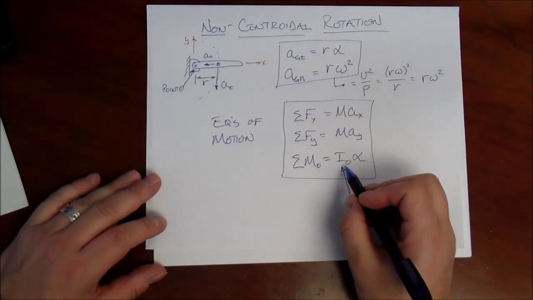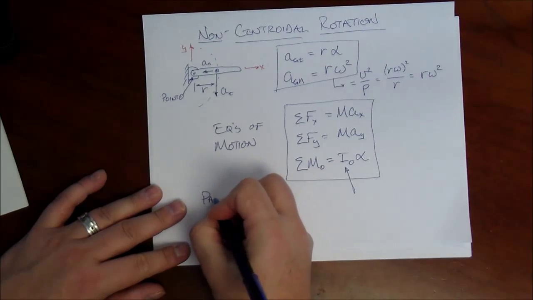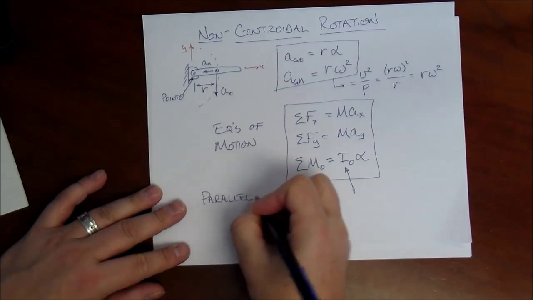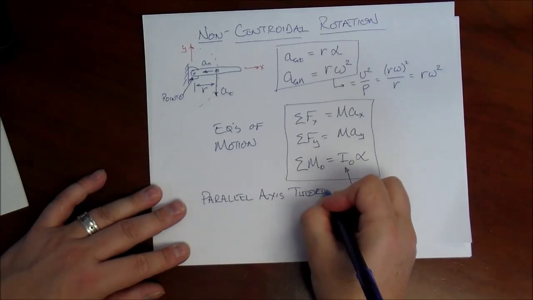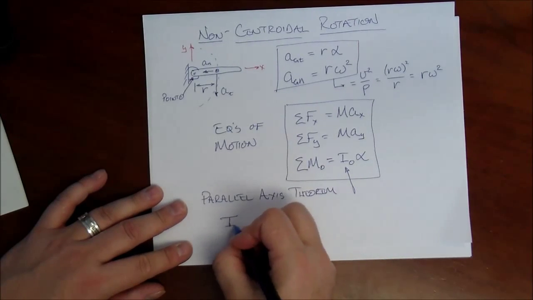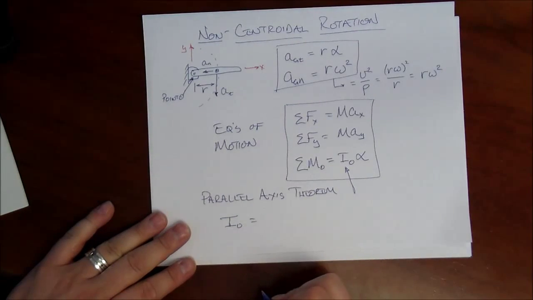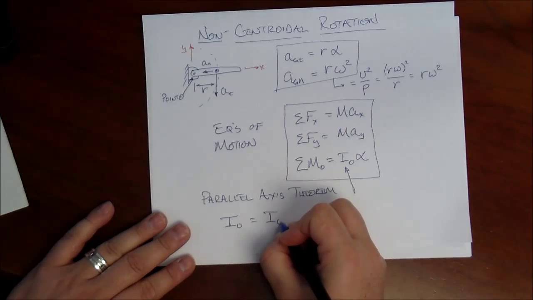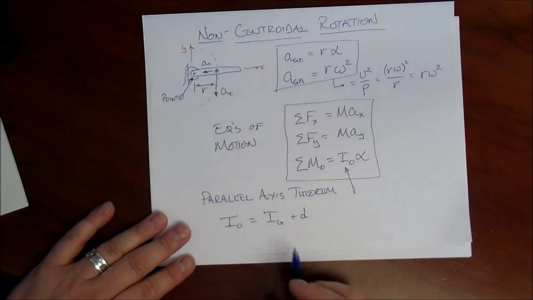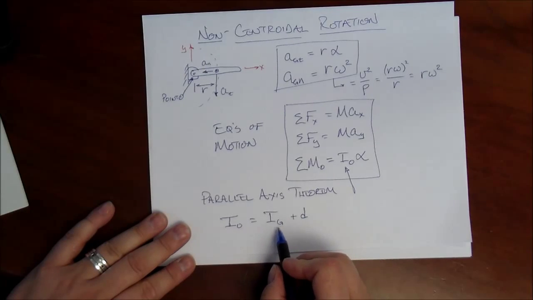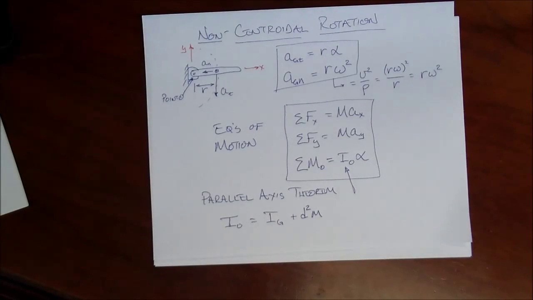If you need the mass moment of inertia for a point other than the mass center, you need to remember the parallel axis theorem. The parallel axis theorem says that the mass moment of inertia about some point other than the mass center is equal to the mass moment of inertia about the mass center plus the distance between the axis of the mass center and the axis of rotation, squared, times the mass of the rigid body.